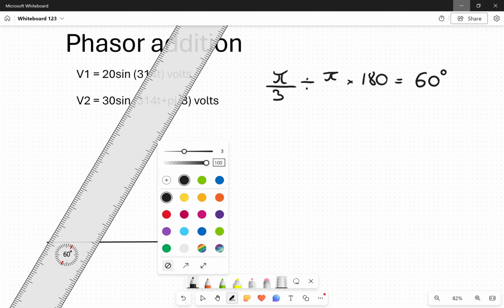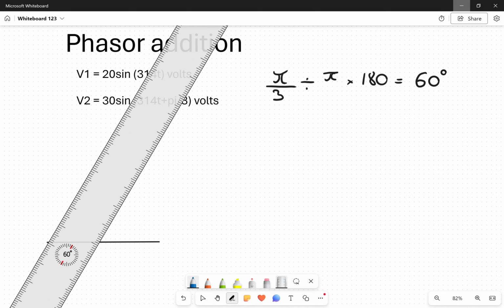Now for this one, I'm going to use a slightly different colour, we'll go blue. Same principle, you've got to draw it to scale, so obviously I'm going to chop this one down, and you've got to use the same scale as what you did for your V1 line, so I'm going to use the scale of half. So for these little marks on my ruler, I'm just going to count 15 of these.